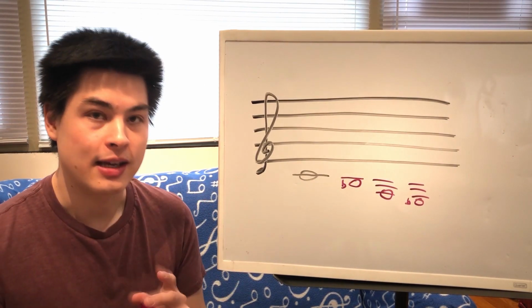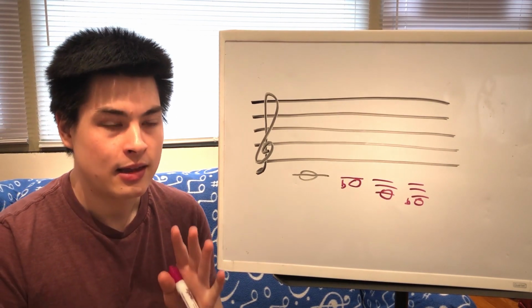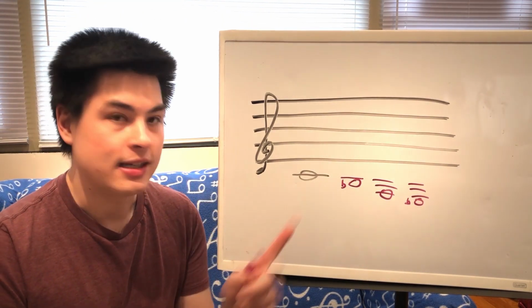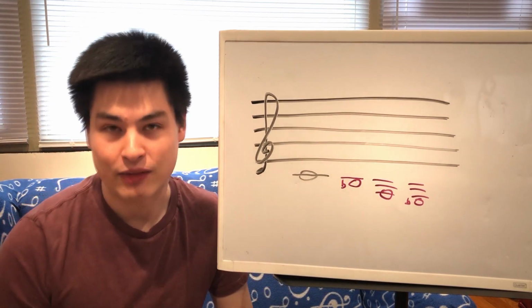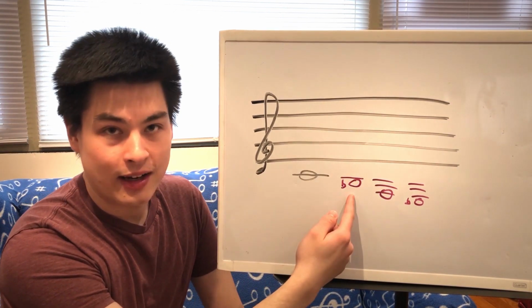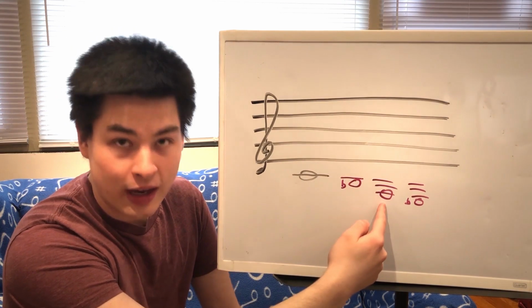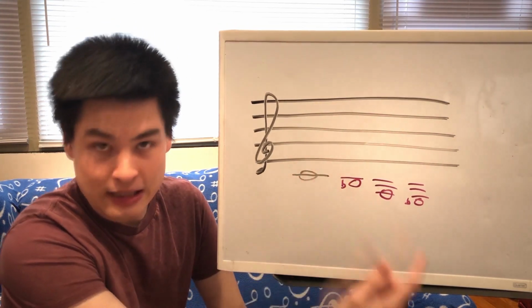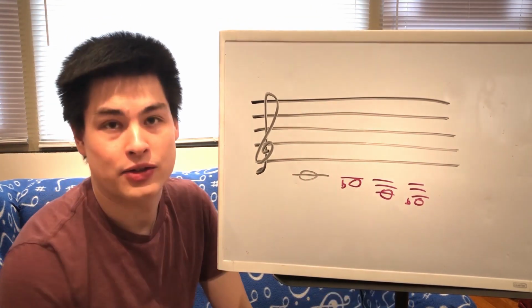The way this works is that the written C sounds whatever the key of the instrument is. So B flat clarinet sounds a B flat. French horn, F horn, sounds an F. E flat alto saxophone sounds an E flat.